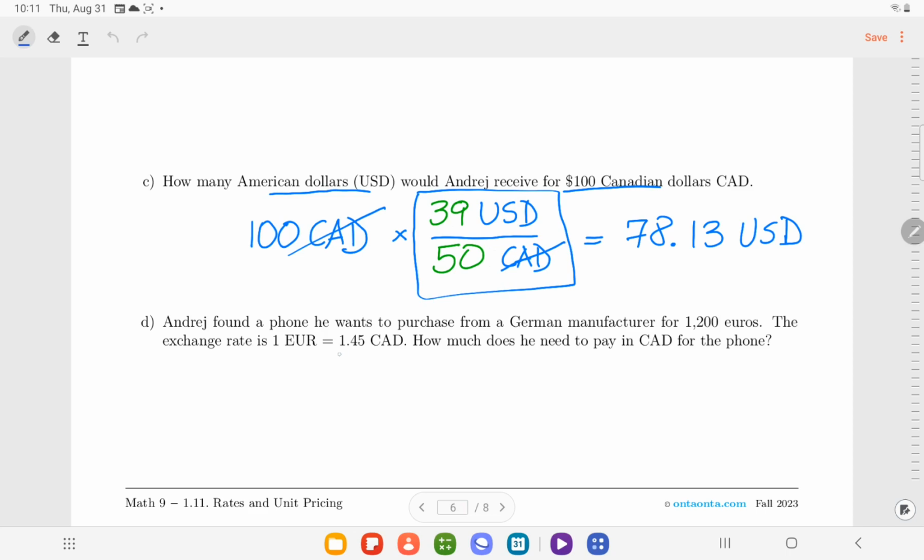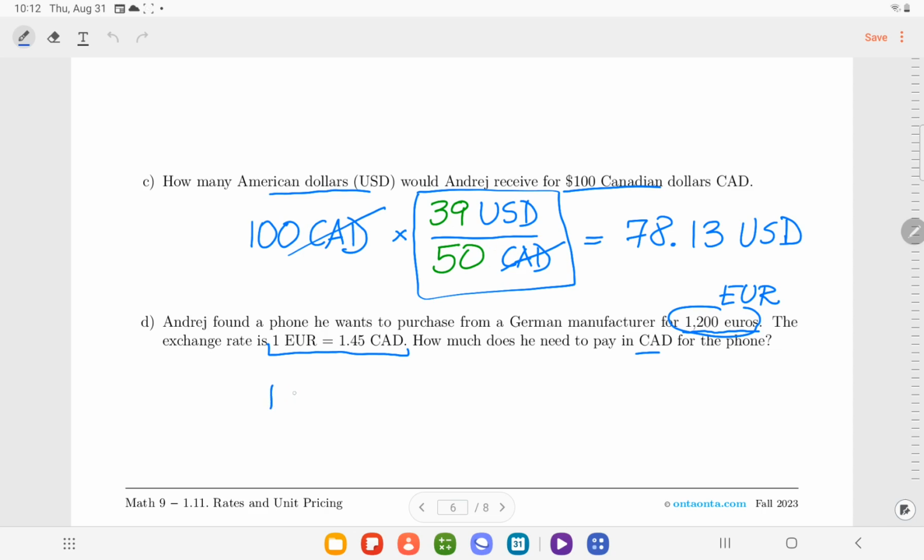Now Andre found a phone he wants to purchase from a German manufacturer for 1,200 euros. The exchange rate is 1 euro equals 1.45 Canadian dollars. How much does he need to pay in Canadian dollars for the phone? Let's start with euros, using EUR for euro.